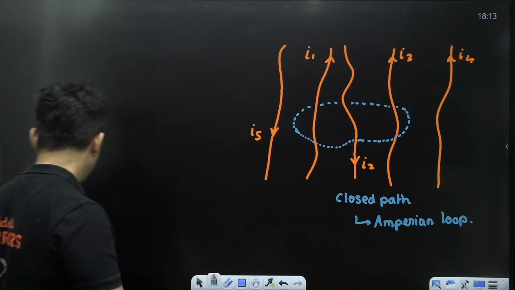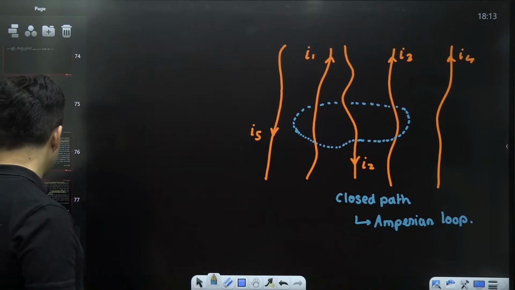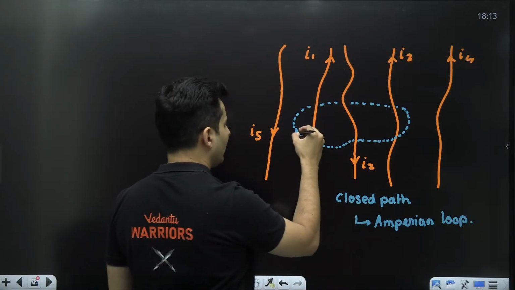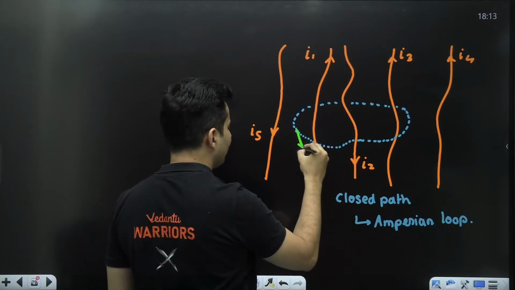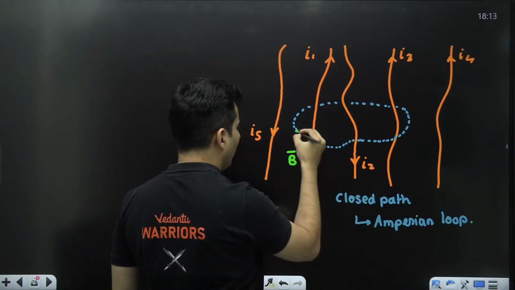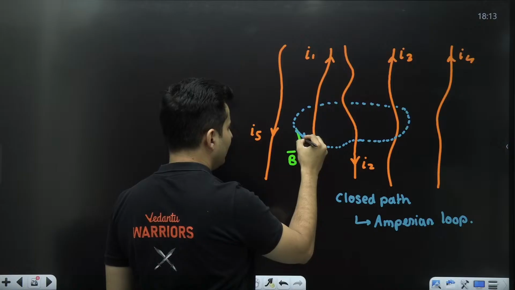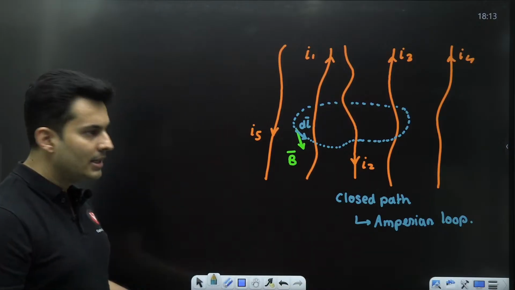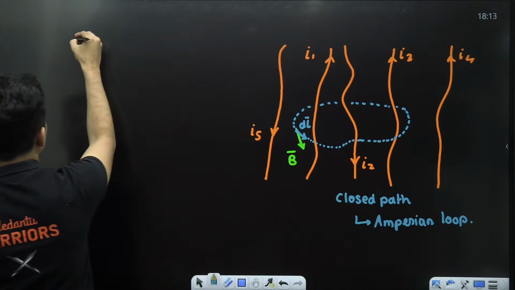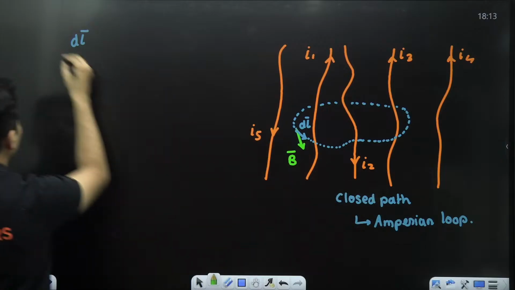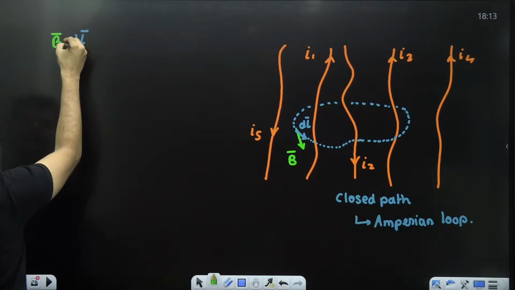Okay, fair enough. Now, once this is done, what you do next, at every single point, try to figure out what the magnetic field was and take the dot product of that magnetic field with the displacement that you undergo. Let's say that displacement is dl. So you are taking the dot product of the displacement with the magnetic field.